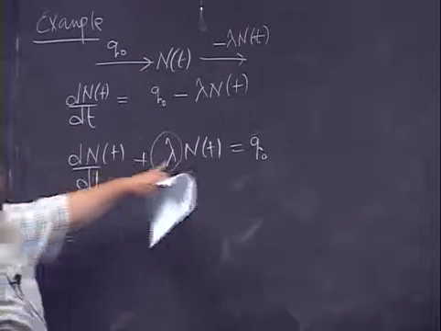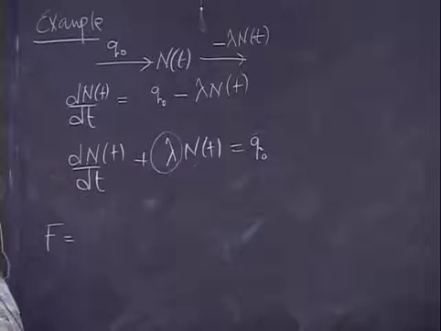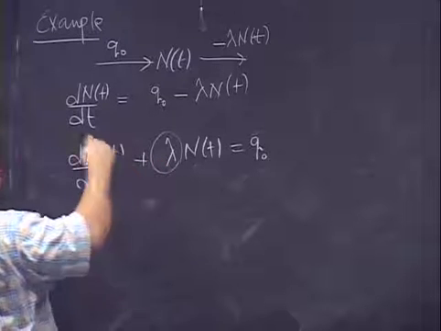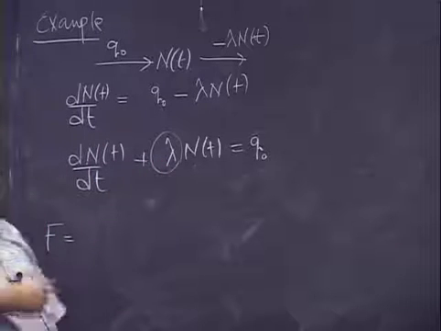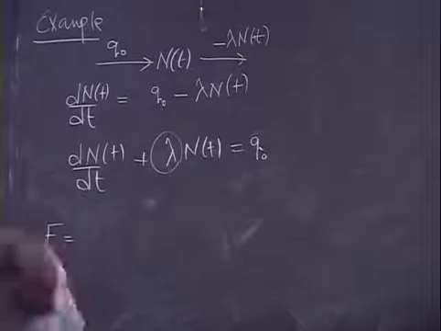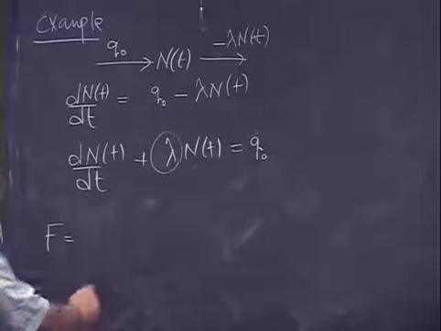This is the y, this is the p, this is the q. So what's the p of x, which is a constant? This is not y. If you stand on your head, this will look like y. Look from down, it is y. But it's lambda, not y. So f is equal to what?